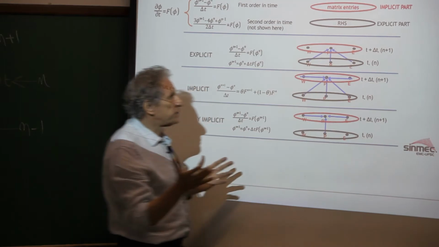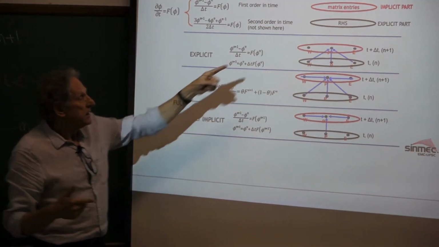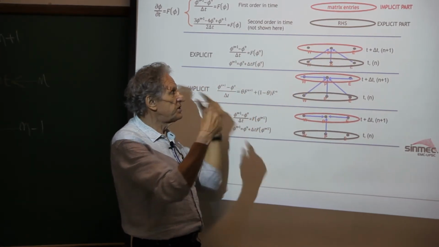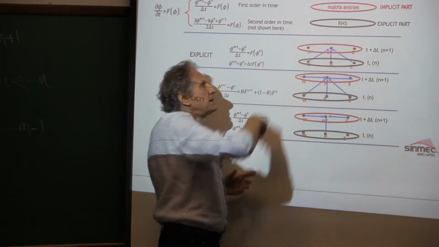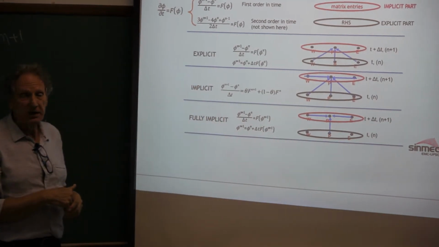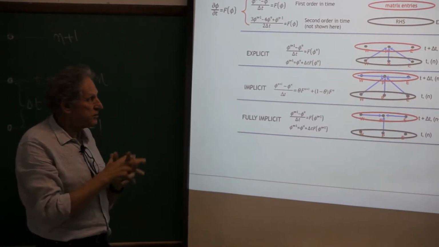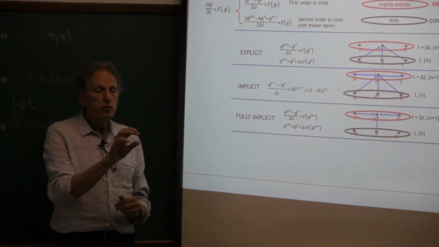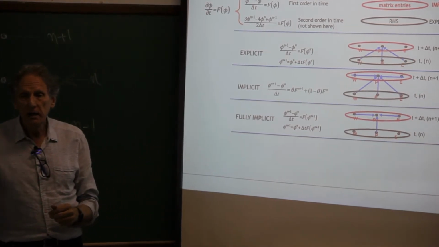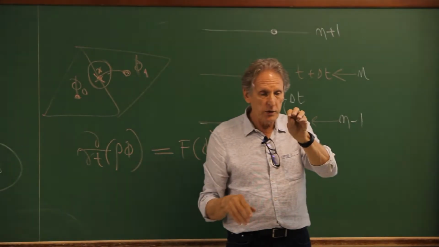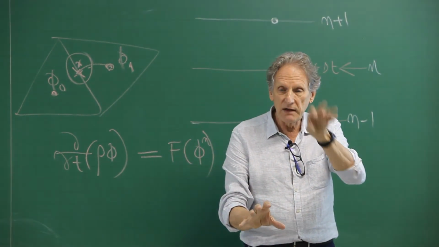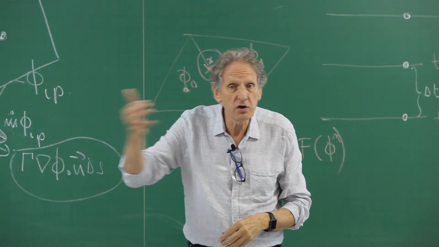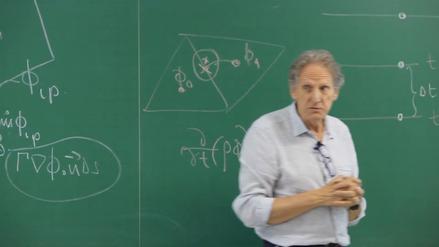So there will be no matrix for this, okay? Matrix entries are the blue arrows inside the red ellipse. I try to do some kind of graphics to understand that. So of course, explicit, you go sweeping equation by equation, and each equation depends only on the previous time level. So it's just a series of calculations in the explicit.